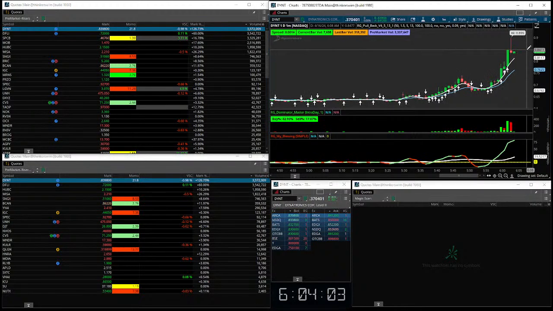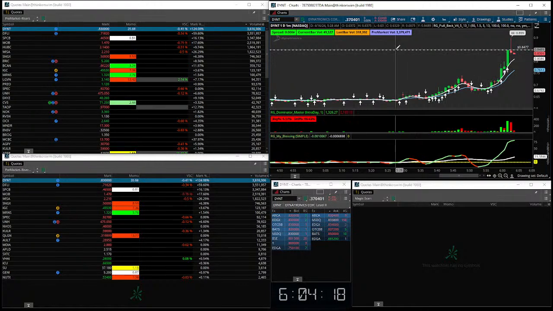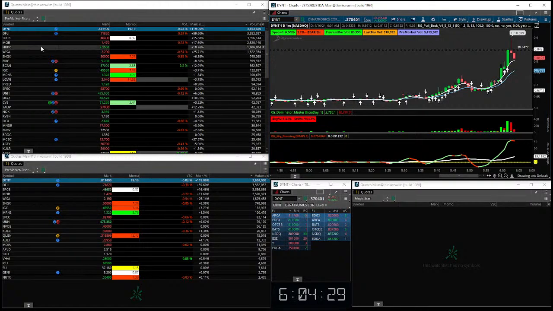I'll set a resistance level here. Let's see if we break through it. I'd really like to see it pull back further than just a little bit. This candle closes, I will set a support level.